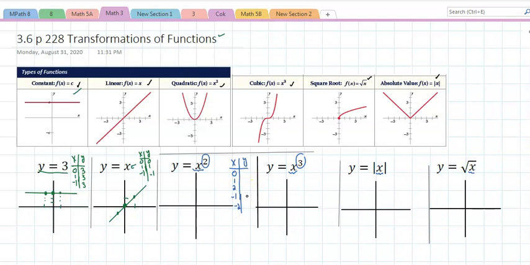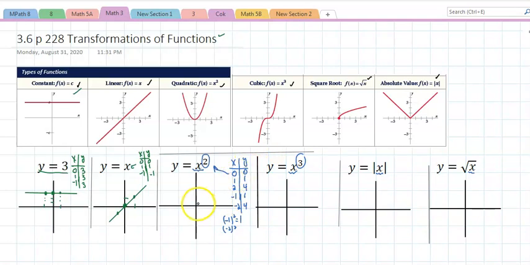Every time I get to a type of equation I don't know how to graph, I pick points. 5 points normally give you an idea. You're seeing the trend. If you throw a 0 in there, 0 squared is 0. 1 squared is 1. 2 squared is 4. If you throw a negative 1 in there, negative 1 squared is actually positive 1. And negative 2 squared is actually a positive 4.